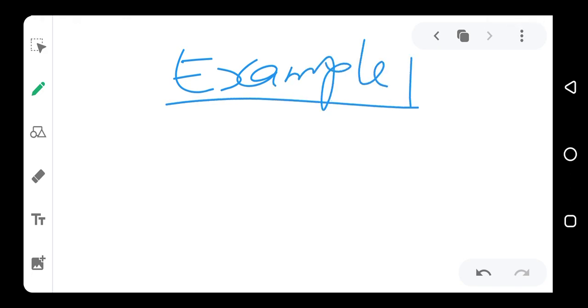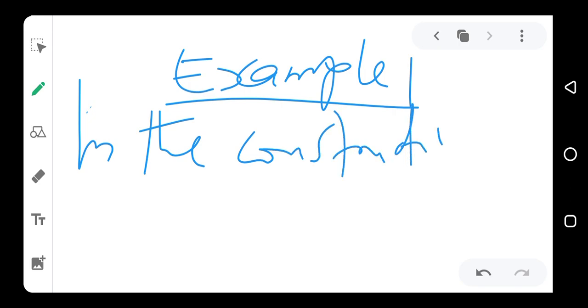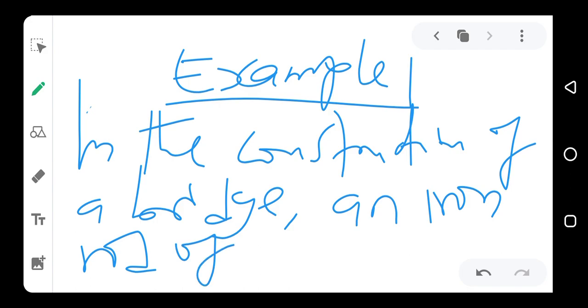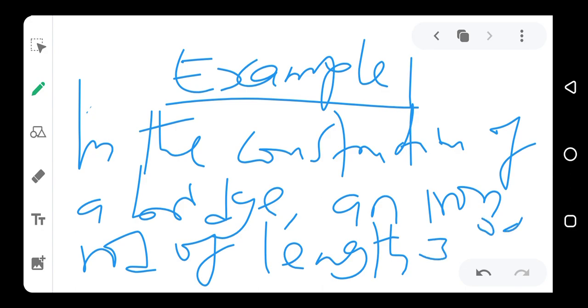Example 1. In the construction of a bridge, an iron rod of length 3 meters was used.